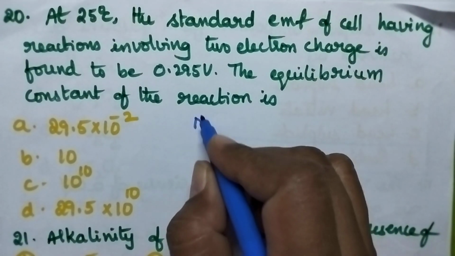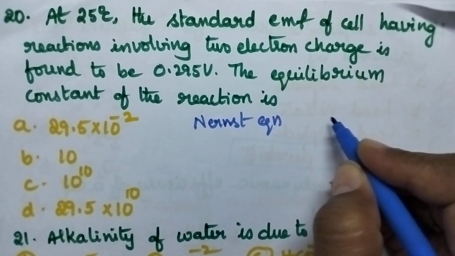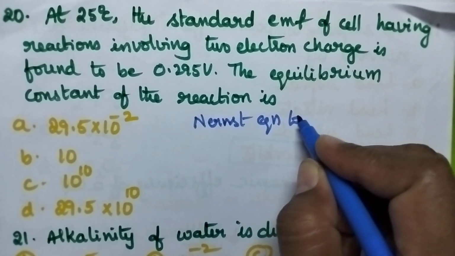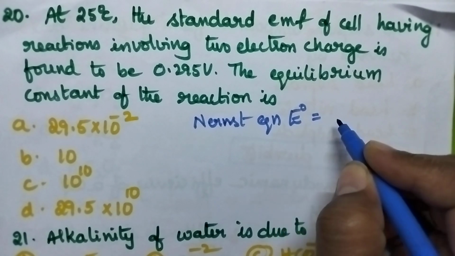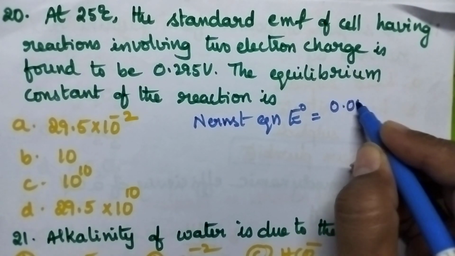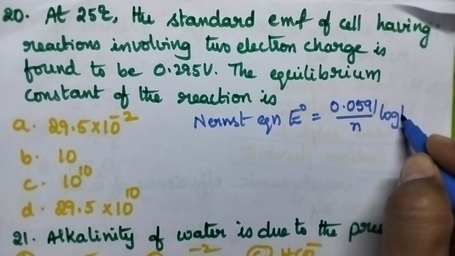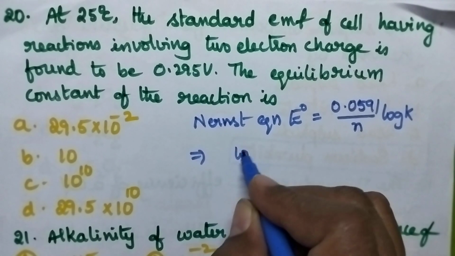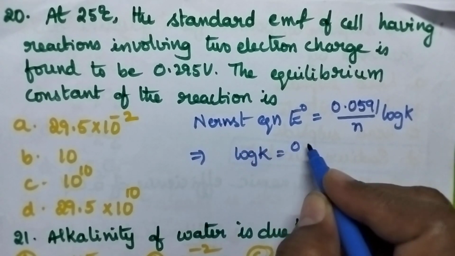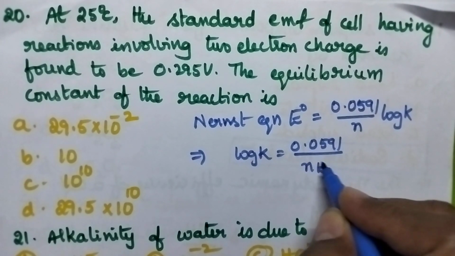By using the Nernst equation, the equilibrium constant can be calculated using the expression E naught is equal to 0.0591 divided by n into log k. That implies log k is equal to n into E naught divided by 0.0591.